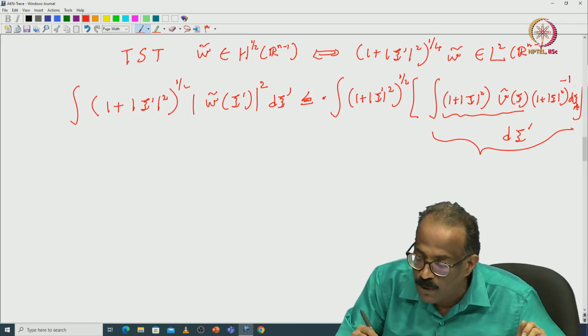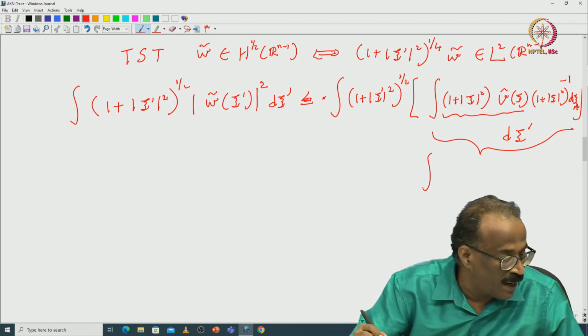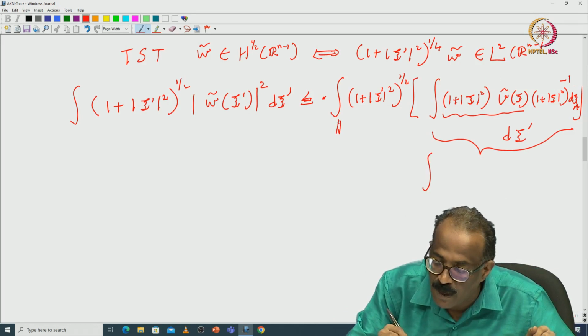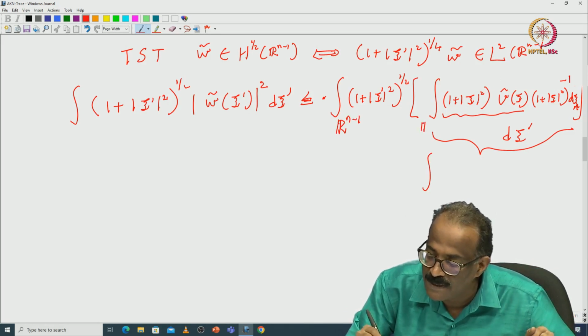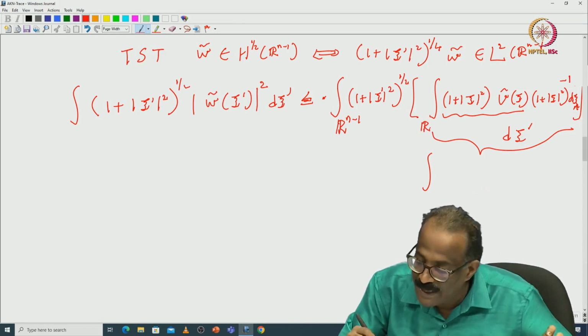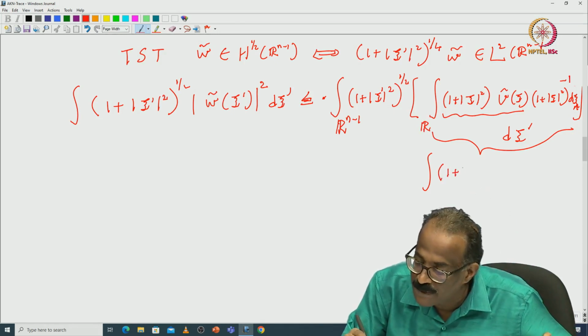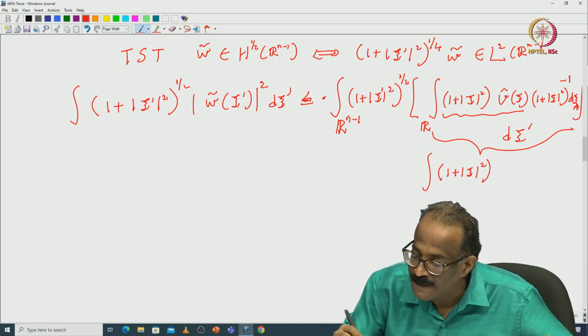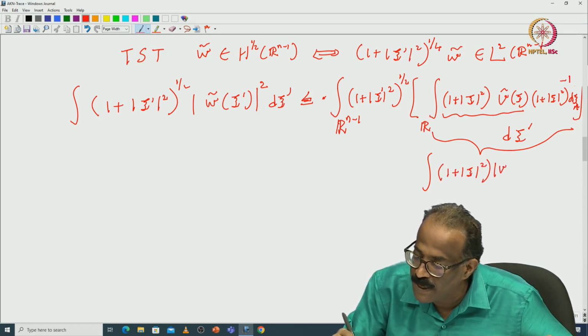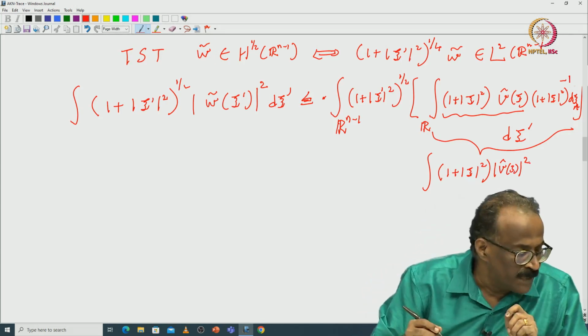You apply Cauchy because this is only in one direction so far. This is in Rn minus 1, this is in Rn. So what you will get here is 1 plus mod psi square times modulus of V hat psi square.